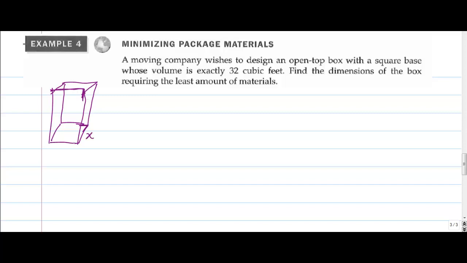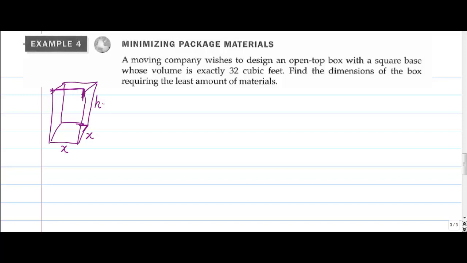So if it's a square base, then I'm going to call each side of it x, right? Each side will be the same. The volume is exactly 32 cubic feet. Find the dimensions of the box requiring the least amount of materials. Alright, so we have x, which is the base, and then we don't know how tall the height is, right? That's kind of what I need to find, the base and the height.